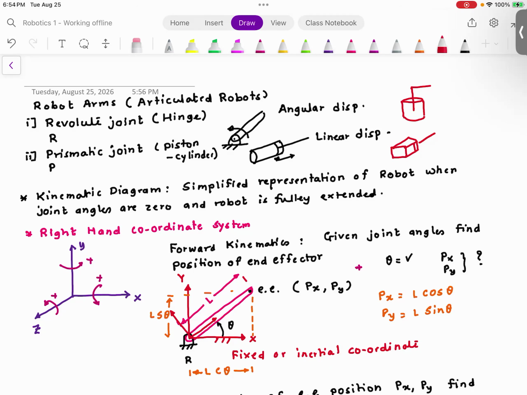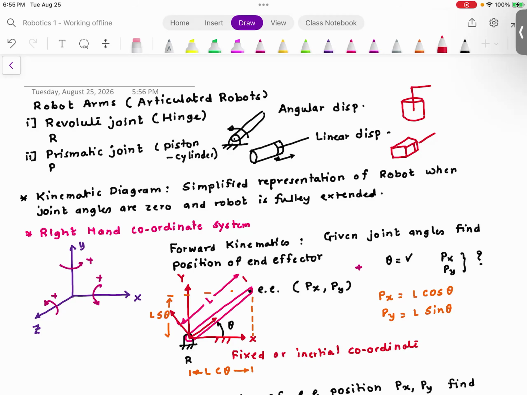So if I give the joint value for the first joint, say 30 degrees, the second joint, 40 degrees, and the third joint, 50 degrees, I want to find out in this configuration where this end effector is going to be. That is the forward kinematics problem.